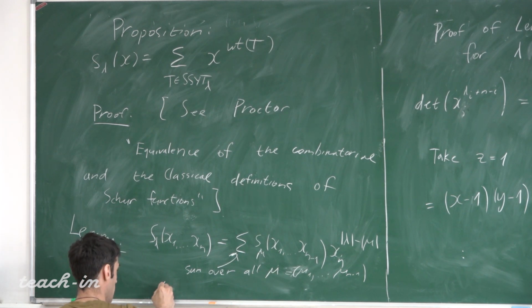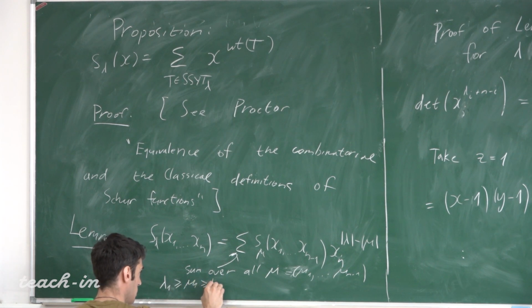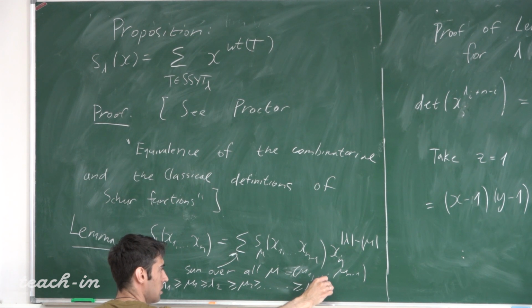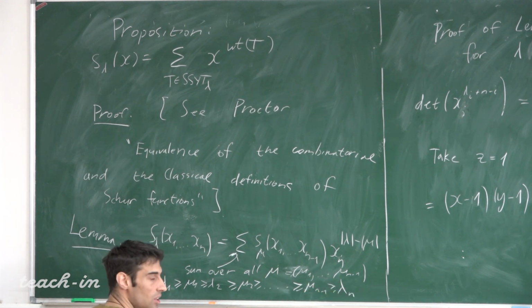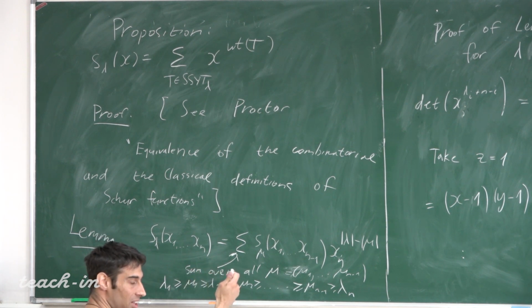So I have lambda 1, then mu 1, then lambda 2, then mu 2, and so on. And then I have mu n minus 1, lambda n. Over all mu such that I can put them like mu i between lambda i minus 1, lambda i plus 1. Okay?